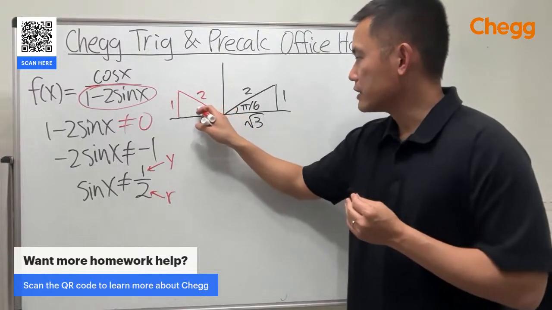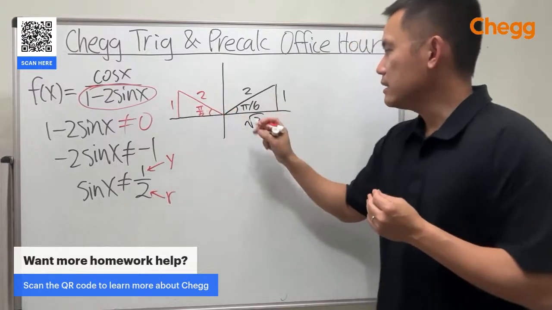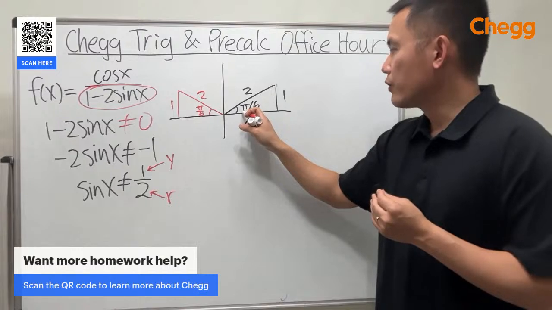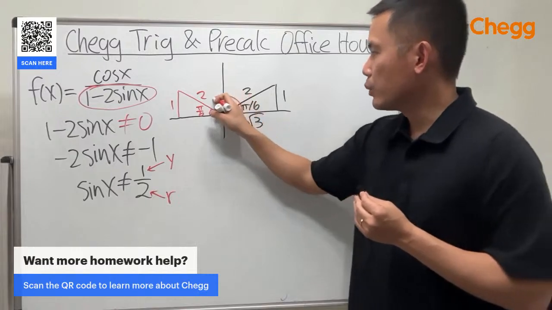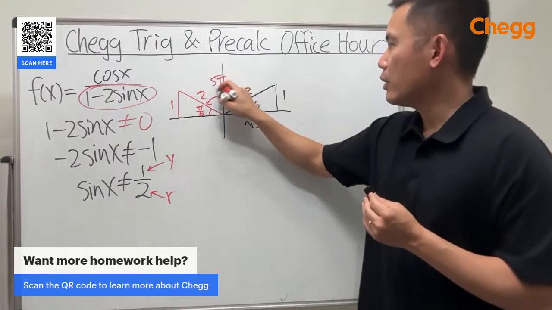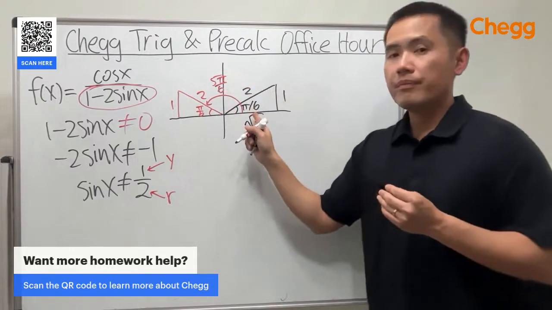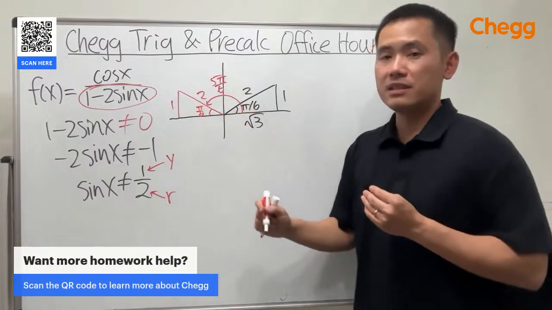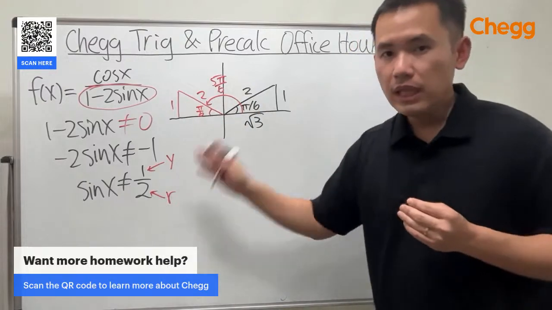This is also pi over 6, but you have to measure the angle from the positive x-axis all the way to here. So this angle is really 5 pi over 6, because you do pi minus pi over 6.